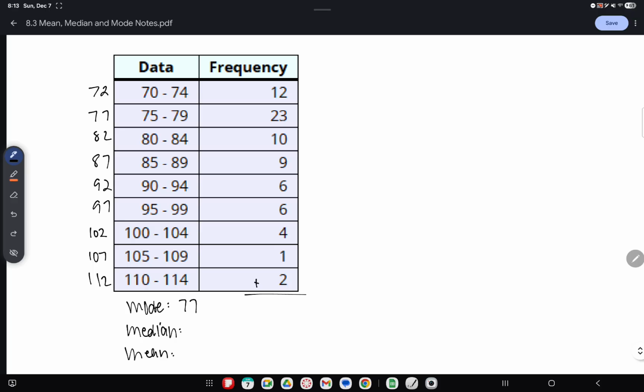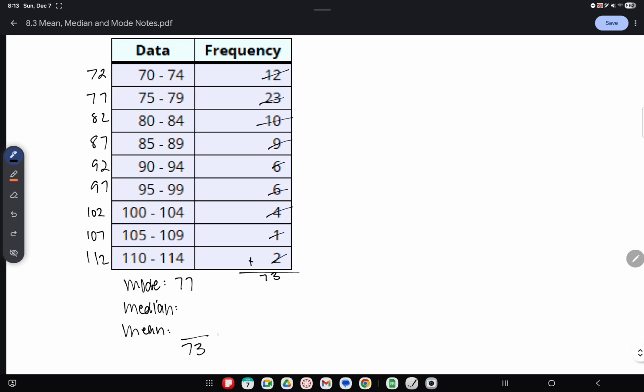So let's see, 12, 23, 10, 20, 30, 42, 44, 50, 60, 73. Okay, I'll need that for the mean anyway, so divide by 73. So then 73 divided by 2 is 36.5. So I would need to go in between the 36th and 37th score.